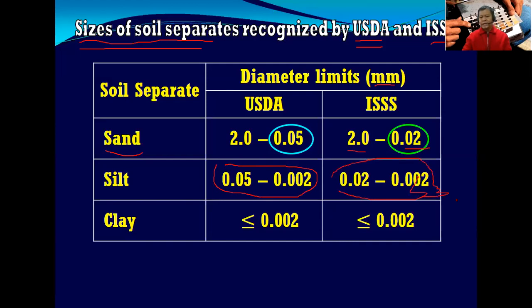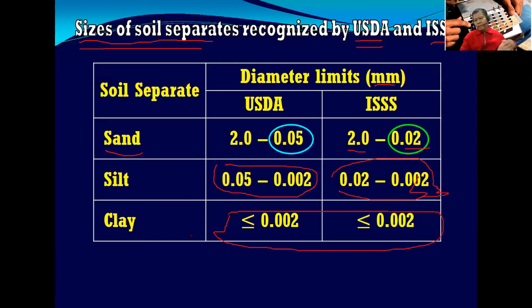Let's look at the difference. For clay, the diameter in both USDA and ISS is less than or equal to 0.002 mm. They are the same.